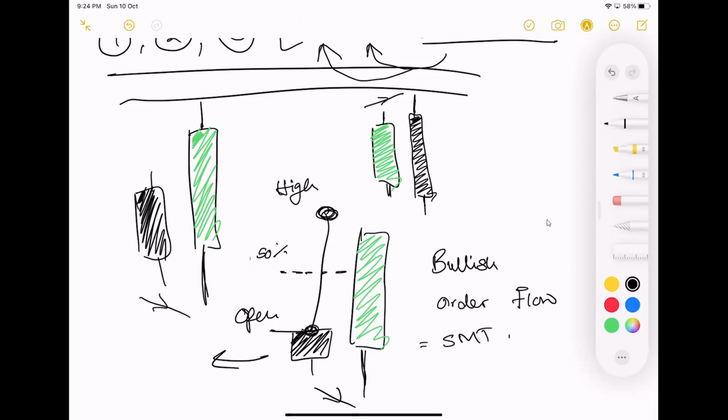SMT with a correlated asset pair. So that is one of the extreme cases of when I will find it hard to identify bullish order blocks. I use the high, 50%, opening price, or I use the next best thing to the left.